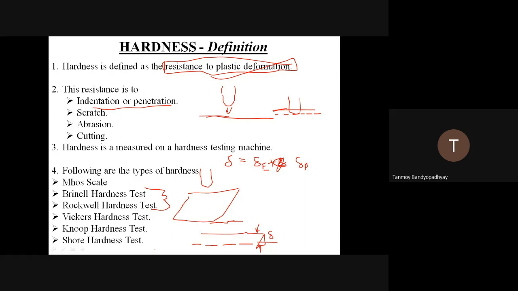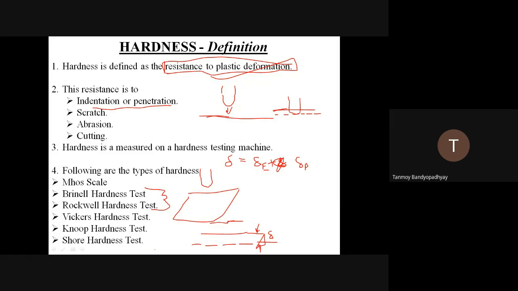The elastic part recovers by itself. We will explain this in more detail. Whenever you apply some load during a hardness test, you keep the load for a certain dwell time. What is the dwell time for? During the dwell time, the elastic part recovers by itself. Only the plastic part of the deformation remains in the material.